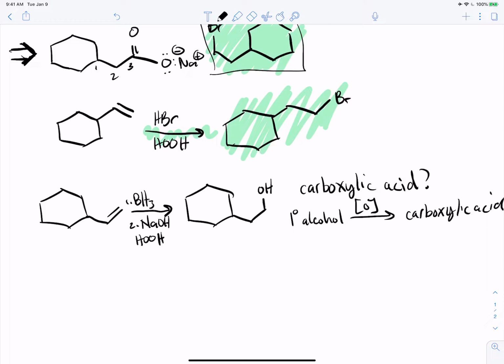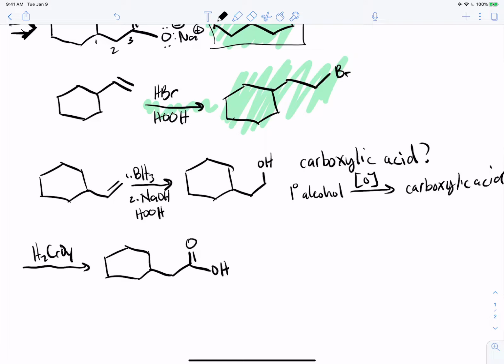I ultimately want to get to a carboxylate, so now I take that and I subject it to chromic acid. This ties it nicely back into what we've already learned about in the last chapter. Okay, so now I end up with this, right?